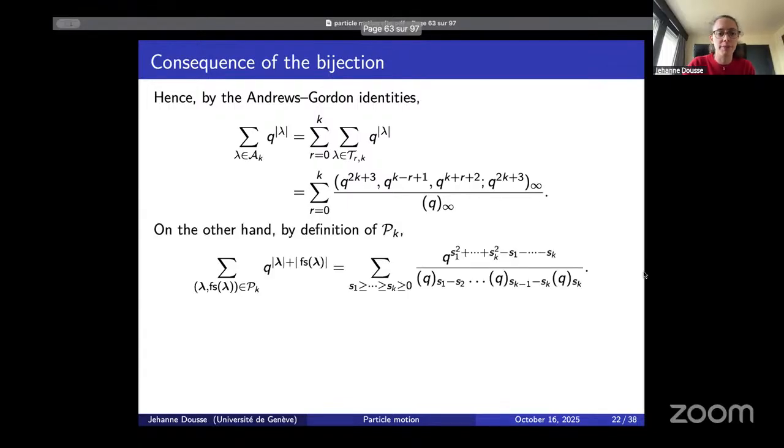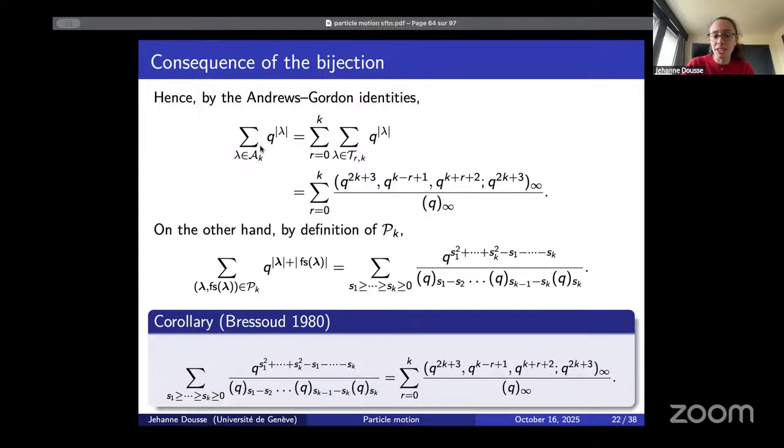On the other hand, by the definition of P_k, which was just this pair of k-tuples of partitions and frame sequence, without even doing the particle motion, just by definition, we know that the generating function for P_k is the following. The numerator comes from the frame sequence, and the denominator comes from the k-tuple of partitions.